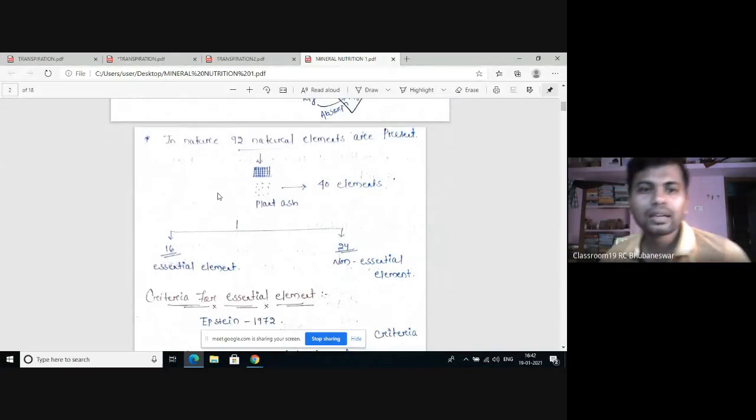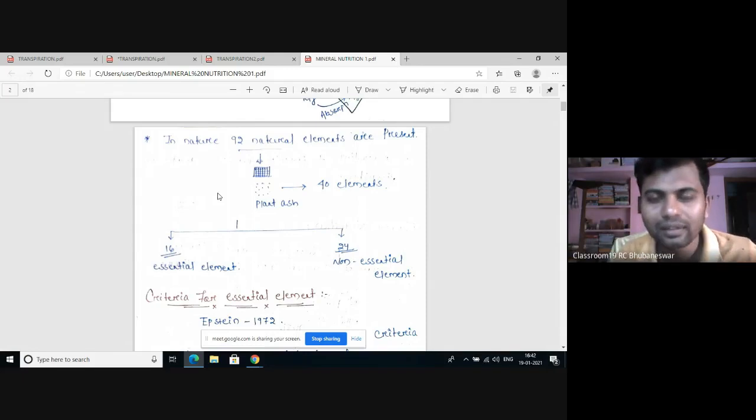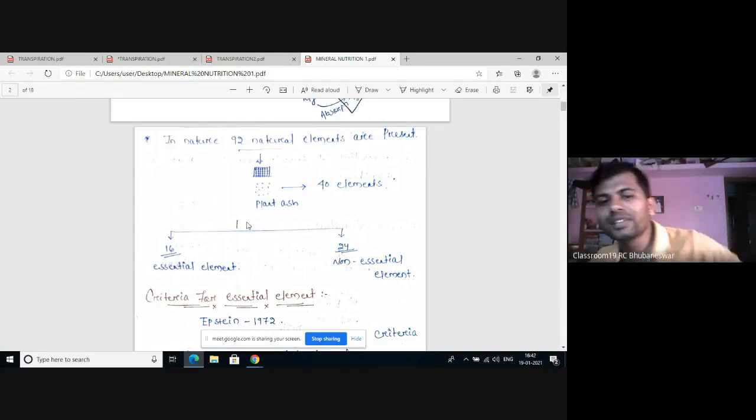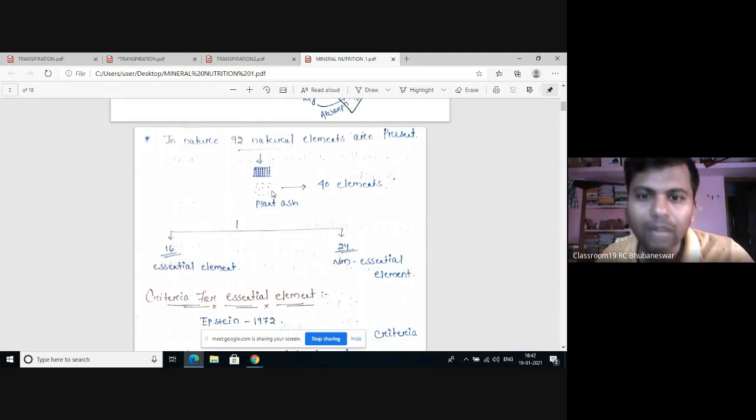Okay. And then in nature, there are about 92 natural elements present. When you go for the chemical analysis of plant ash, suppose you take a small piece of the plant and burn it, we can find that the plant ash contains about 40 elements.